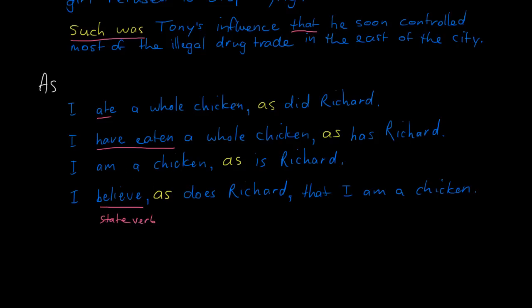Whereas with all these ones, Richard is just the same as I, but in this case, he's just agreeing with me. So he also believes that I'm a chicken. So it's significantly different. And this kind of structure is most common with state verbs here in this position. Now, that is all that we have for inversion with negative adverbials.